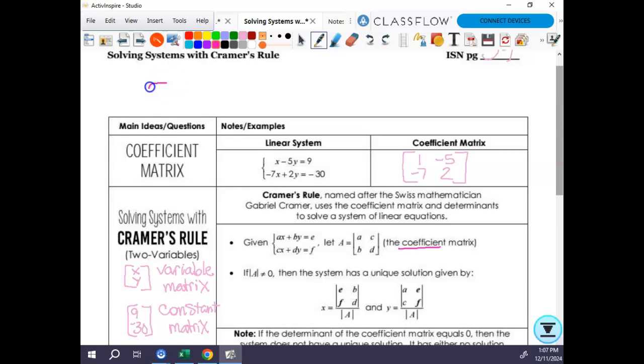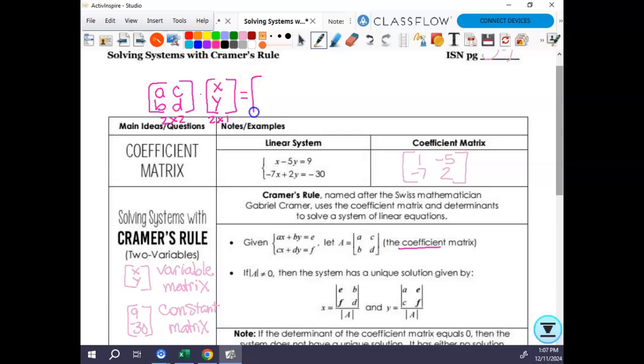So if we have our coefficient matrix, which let's write up here, A, C, B, D, and we multiply that times our variable matrix, X, Y, then that will equal, so if I have a 2 by 2 matrix multiplied by a 2 by 1 matrix, what size is my final matrix going to be? 2 by 1, good.